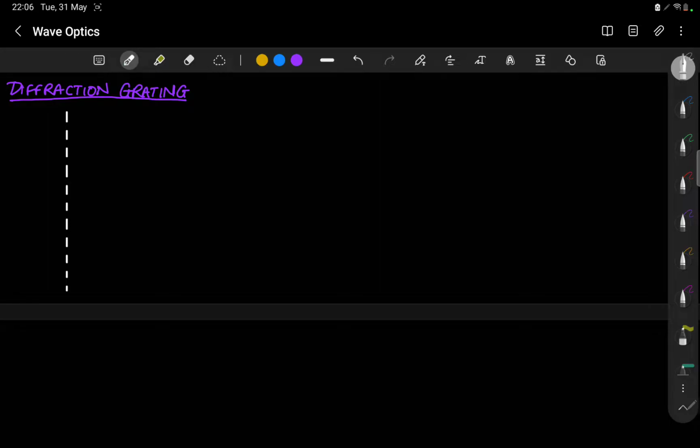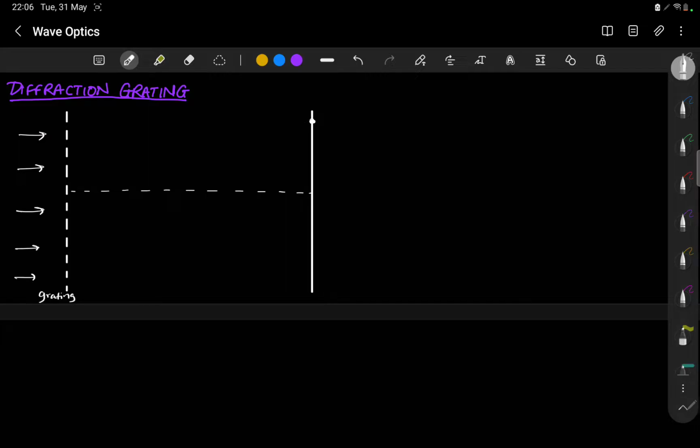Plane wave light will be incident on the diffraction grating. So this is the grating. And then we will have the screen. So this is, let's say, the center.